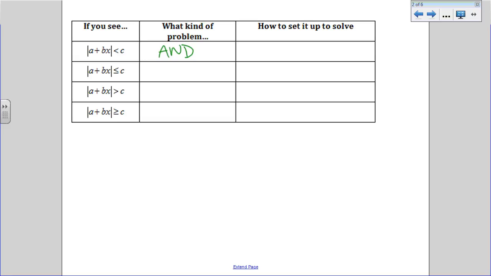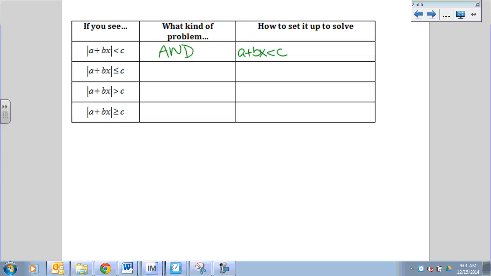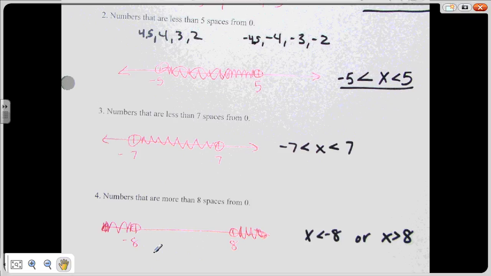So how are you going to set this up, ladies and gentlemen? Well, I want my absolute value, what's inside there, my a plus bx, to be less than c. So I want to be less than 4. Or if you think back to our warm-up activity, we wanted it to be less than 5.